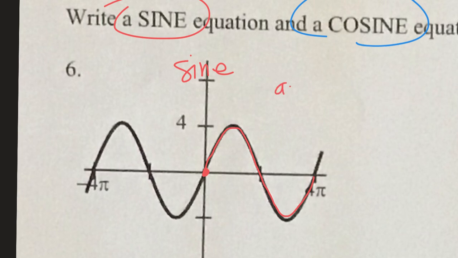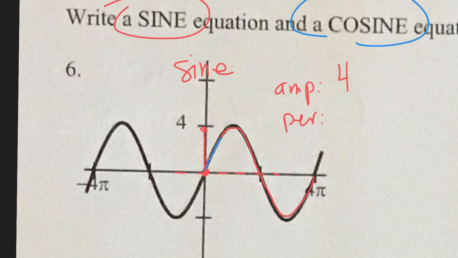Okay, so we have to find all of our things about your sine graph. Okay, the amplitude of this graph is 4, right, from the middle to the top. So the midline goes through your x-axis, which means there's no vertical shifting. The period of this graph is 1 complete cycle.